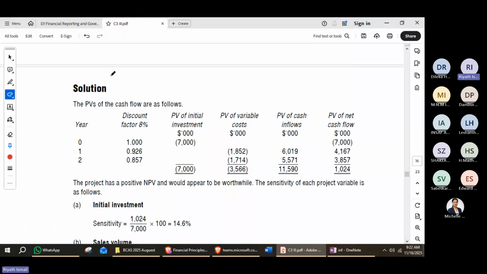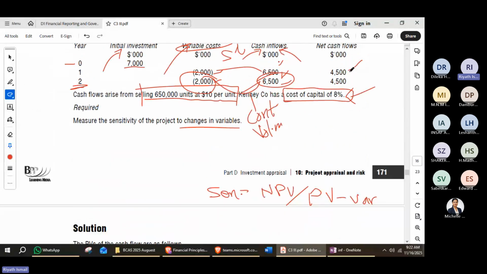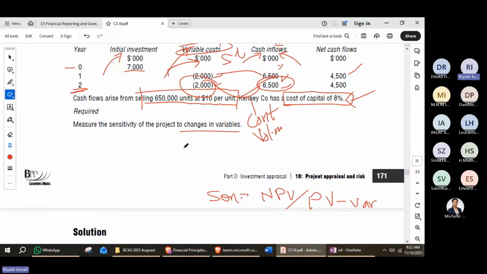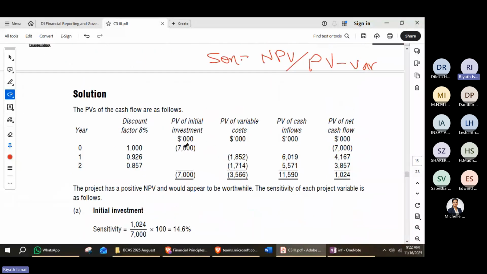Now the solution. Remember the formula: sensitivity equals NPV divided by the present value of the variable. We can't just find the NPV and divide by the variable cost like this, so we have to put every cash flow in present value form.